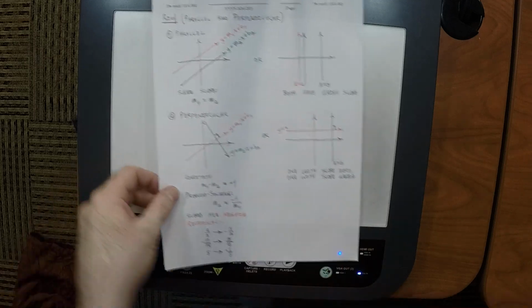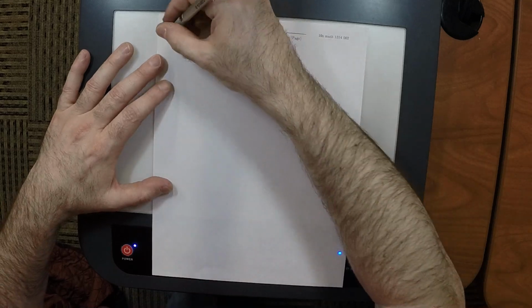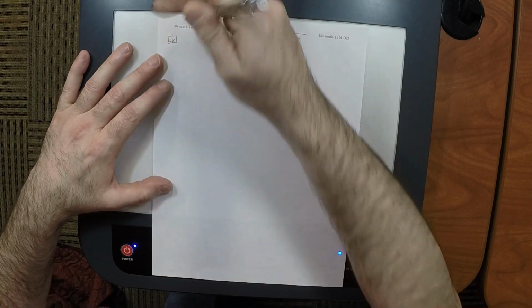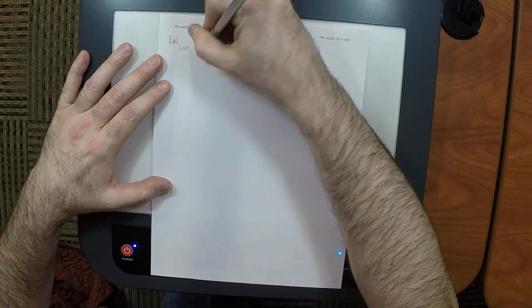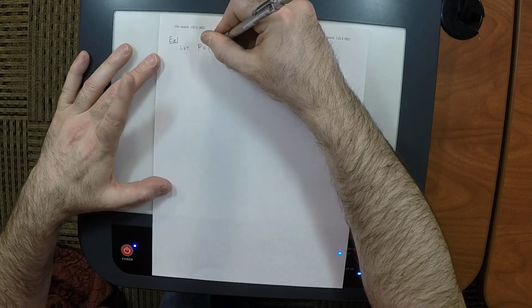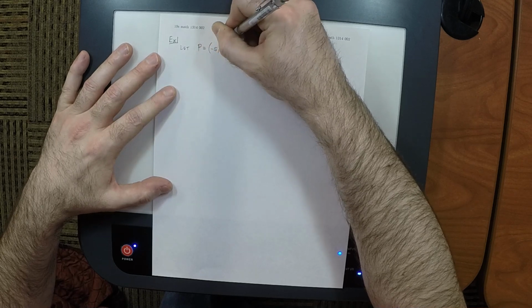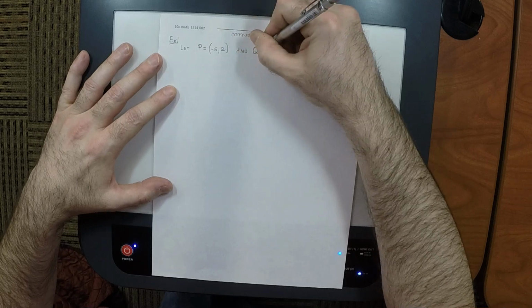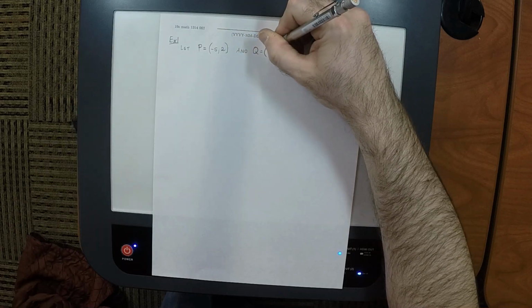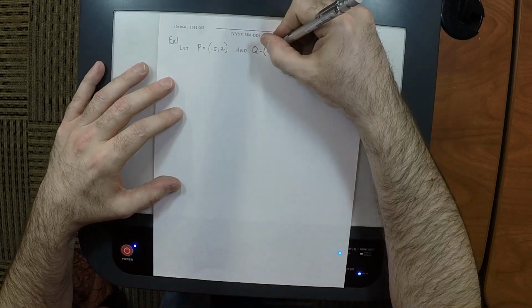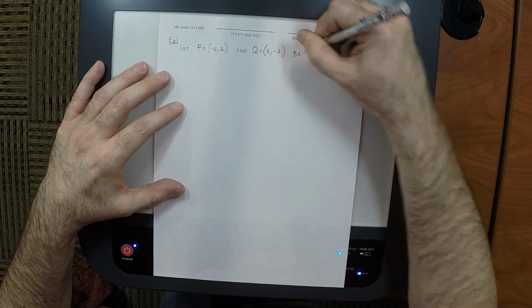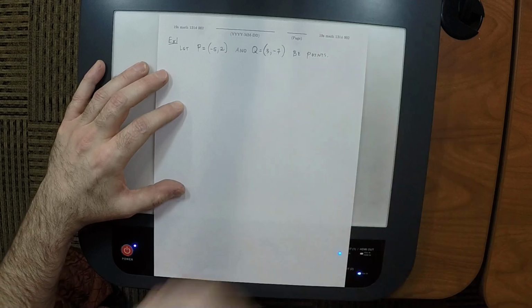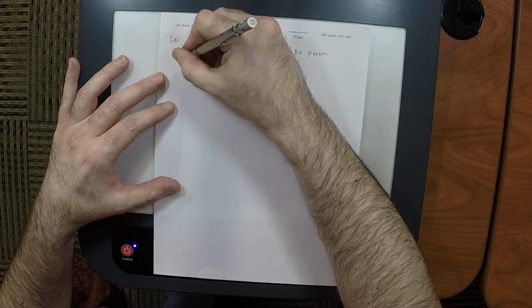Okay, so then using these, here's a typical situation. Let P equal to, say, I don't know, -5, 2, and Q equal to 3, -7 be points.